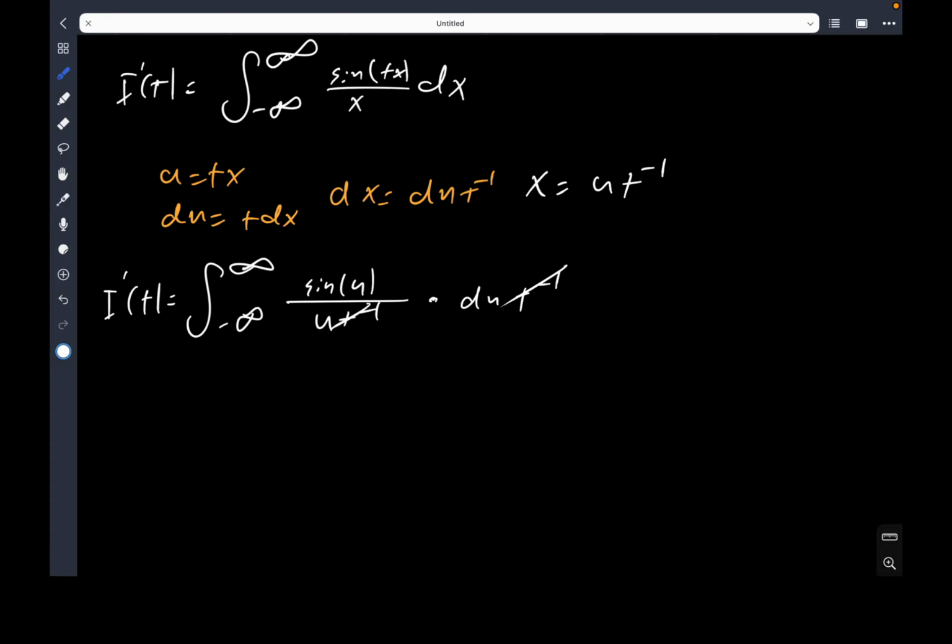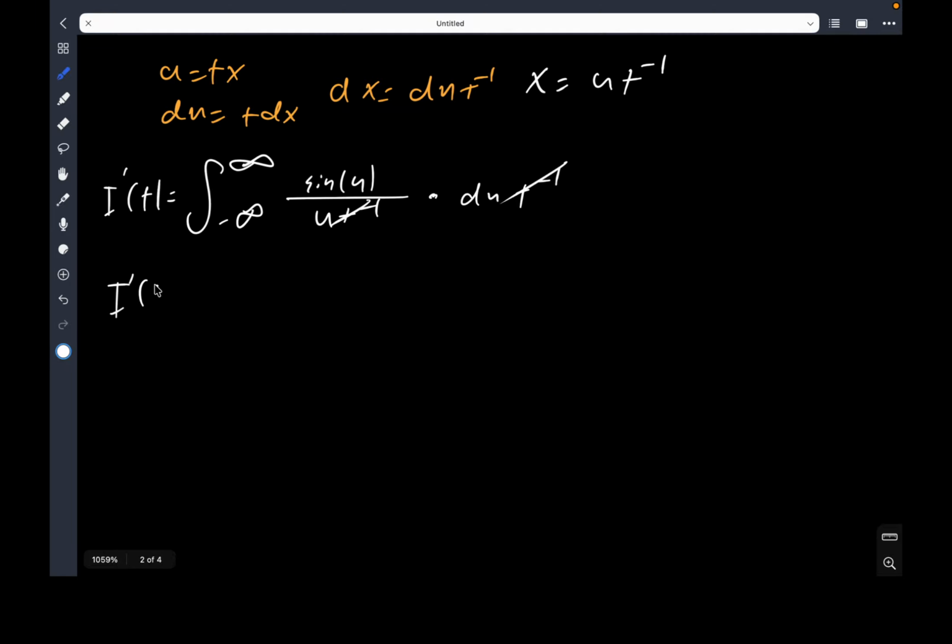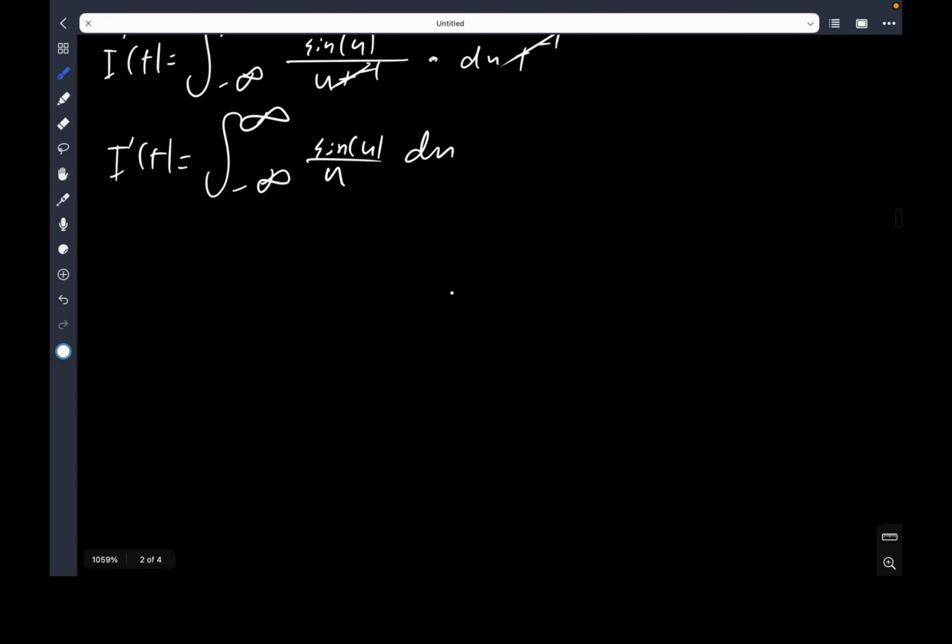I'm going to cancel out these two. And I prime of t is going to be the integral from negative infinity to infinity of sine of u over u du.